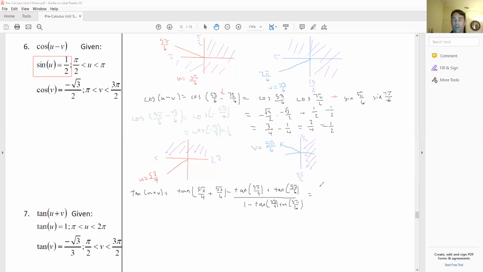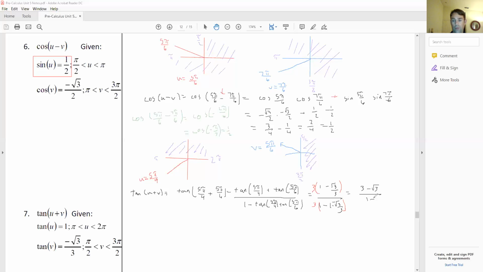So we evaluate these. I end up with 1 minus root 3 over 3. This isn't going to be the most fun thing to simplify in the world. So 1 minus 1 times root 3 over 3. So if I multiply the top and bottom, everything by 3, to get rid of those denominators, I would end up with 3 minus root 3 all over 1 minus, oh, that was supposed to be a negative there.